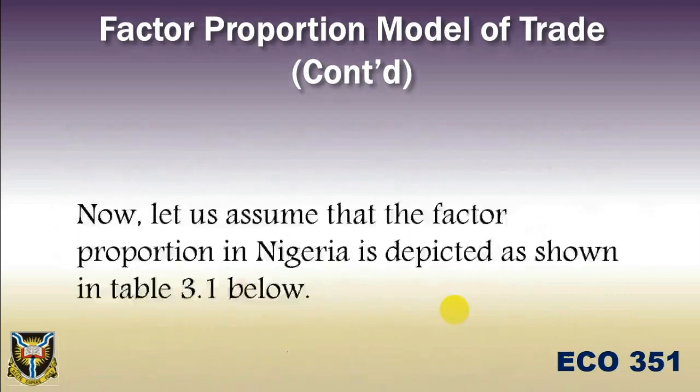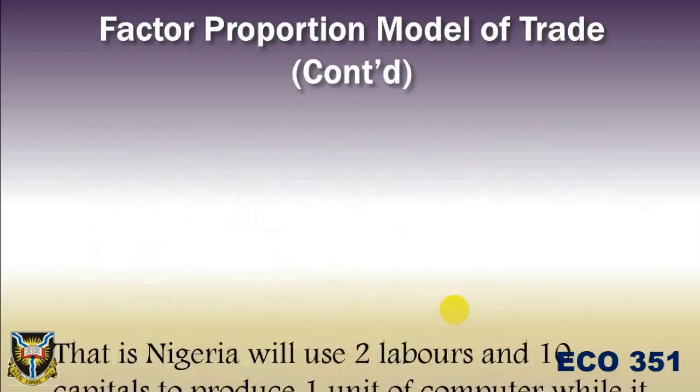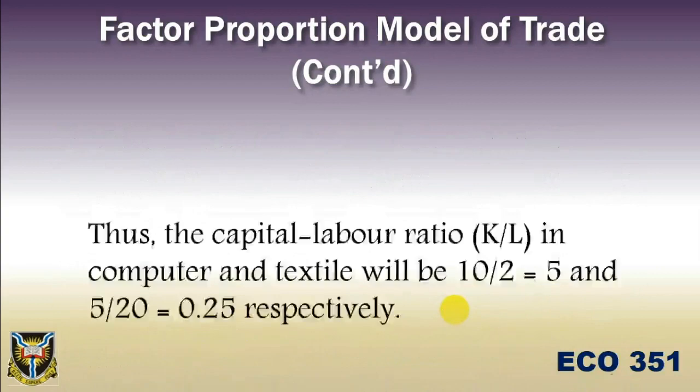Now let us assume that the factor proportion in Nigeria is depicted as shown in table 3.1 below. That is, Nigeria will use 2 labor and 10 capital to produce 1 unit of computer, while it will use 20 labor and 5 capital to produce 1 yard of textile.